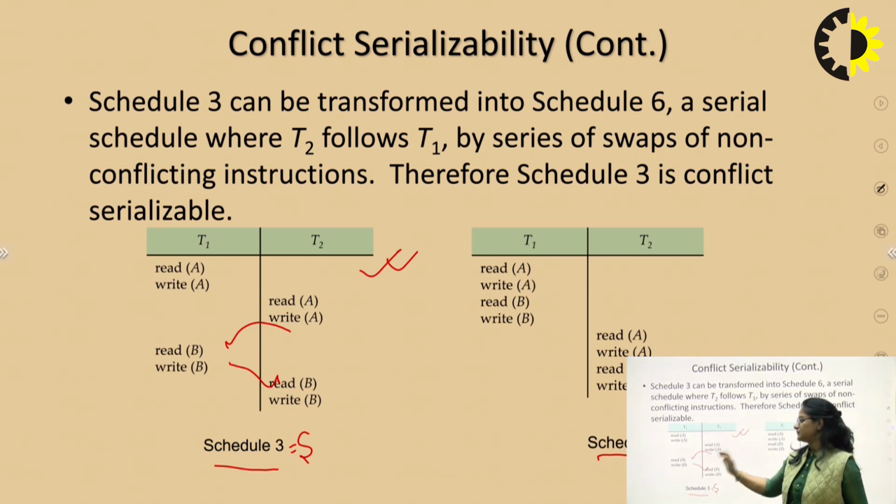So this is a concurrent mode of schedule. Now, if we are able to provide an equivalent serial schedule, then we can say yes, it is conflict serializable. So now we have to check it.